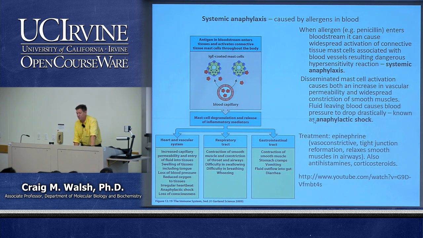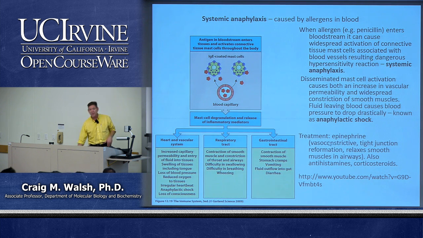So what is the treatment? What would you do if somebody comes in? We talked a little bit about this EpiPen. If you're hypersensitive to bee stings, for example, you need to have an EpiPen around so that you can treat it. Basically, epinephrine is a vasoconstrictive drug that can also induce tight junction reformation.